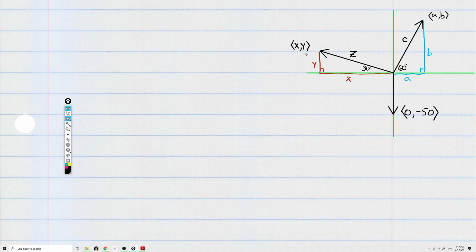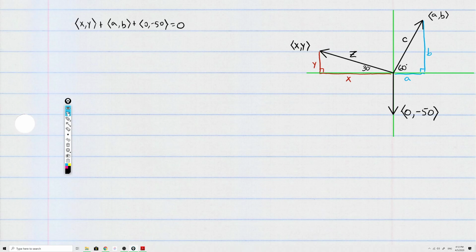If you add this vector, the tension on this wire, and you add this vector, the tension on the other wire, and you add this vector, the weight, the sum has to be 0. So the logic of this entire problem is noting that vector xy plus vector ab plus the vector 0, negative 50 gives you 0. That's our avenue for attack on this problem.